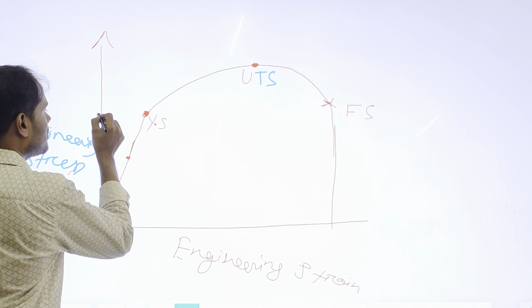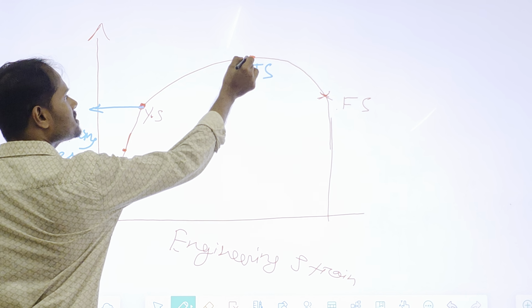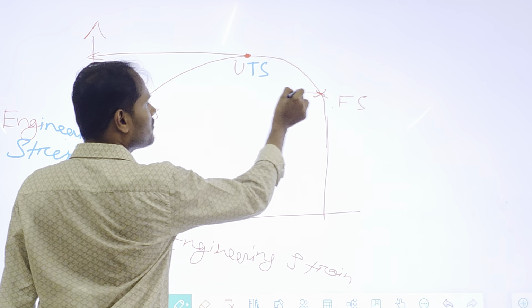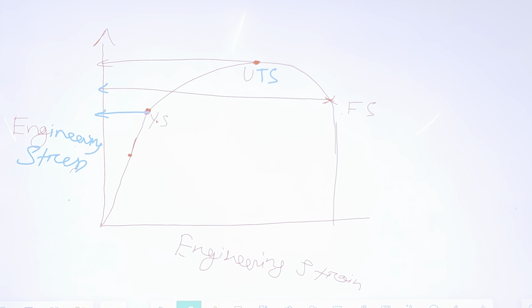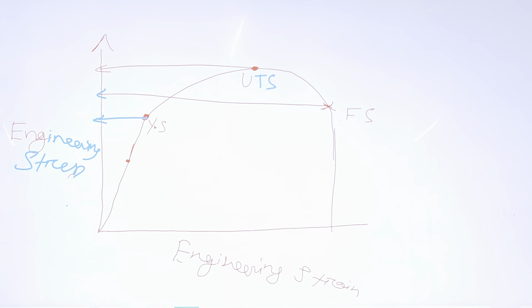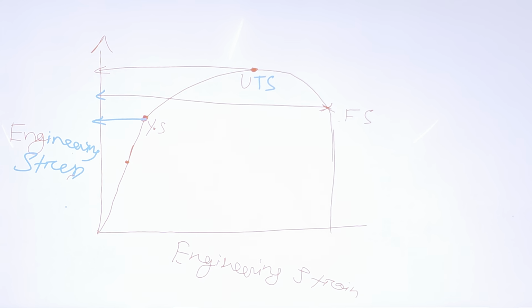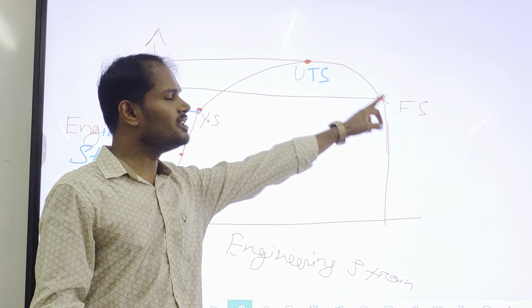This is your yield strength because this is the stress axis. UTS is greater than fracture stress, which is greater than YS. So these are the three strengths: yield strength, ultimate tensile strength, and fracture strength.